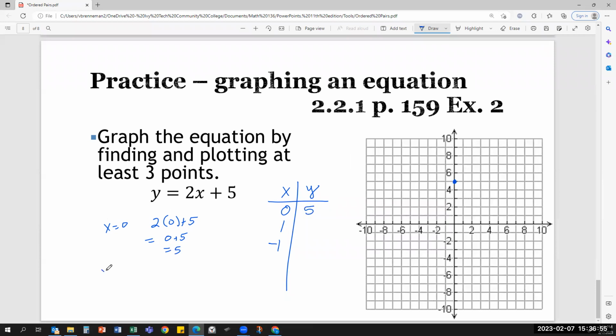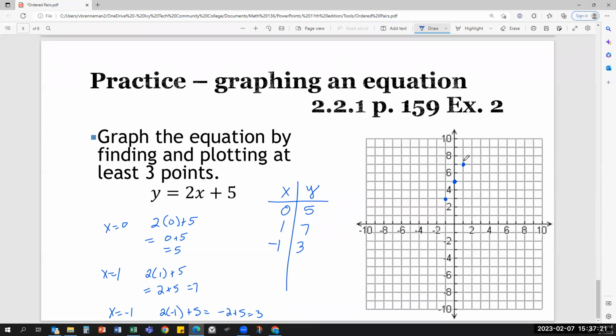And then for 1, 2 times 1 plus 5 is 2 plus 5, which is 7. So I have the point (1, 7), which is here. And then -1, 2 times -1 plus 5 is -2 plus 5, which is 3. So I have the point (-1, 3), and that's here.